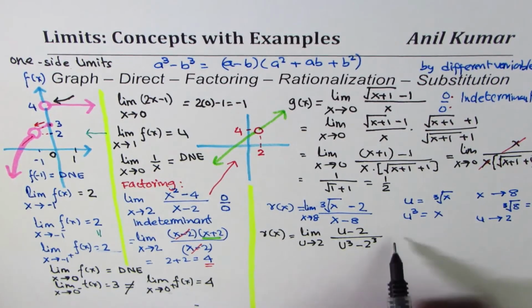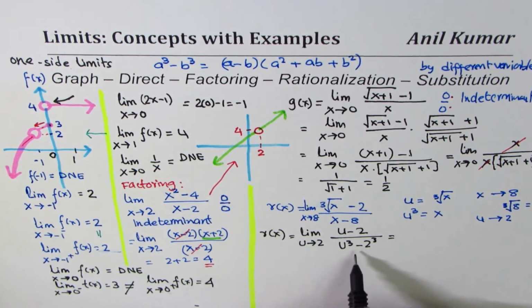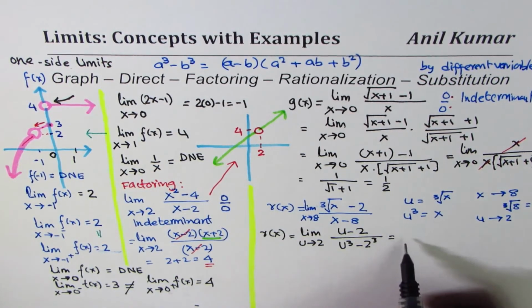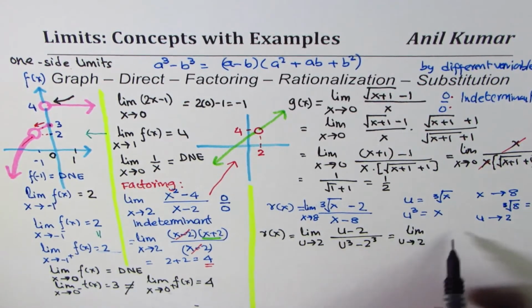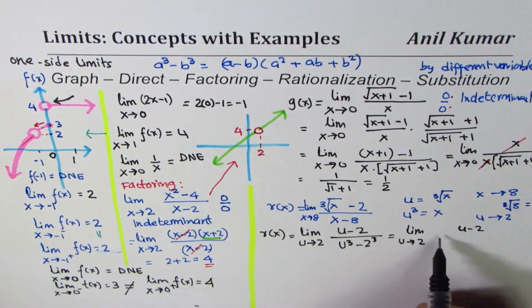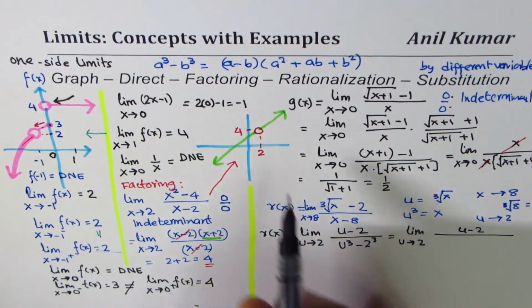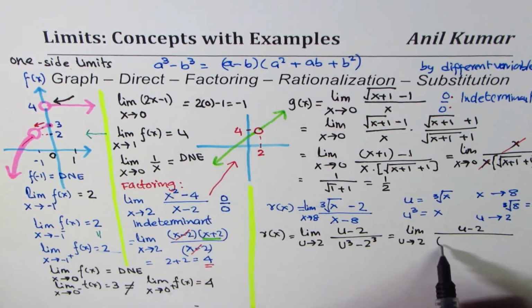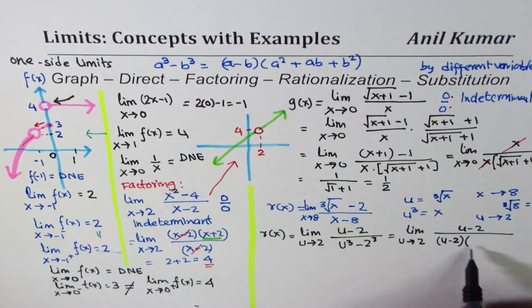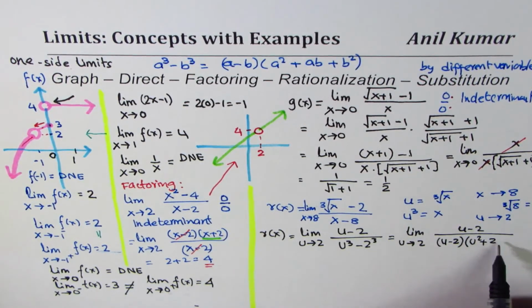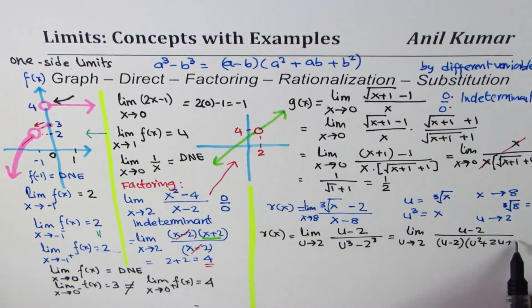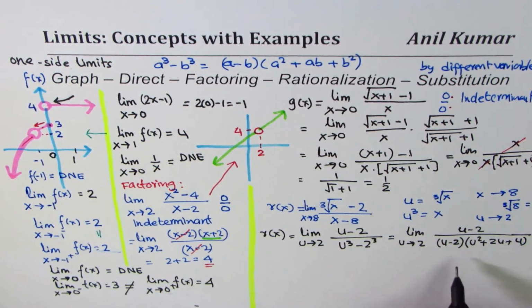Perfect. Now, I will just expand the denominator so you can see we can cancel out the common factor u minus 2, right? If I expand this using the formula which we have right there, u minus 2 times u squared plus ab, which is 2u, plus 2 squared, which is 4. Do you see that?